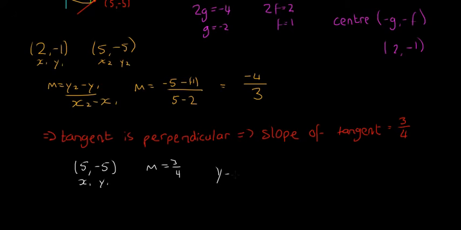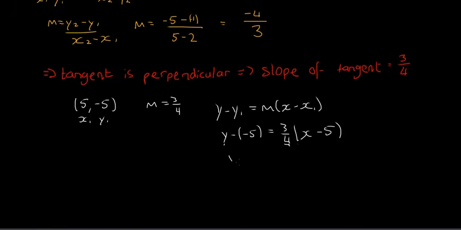So that means y minus y1 is equal to m by x minus x1. So that means it's going to be y minus minus 5, so y plus 5, is equal to 3 over 4 by x minus 5.